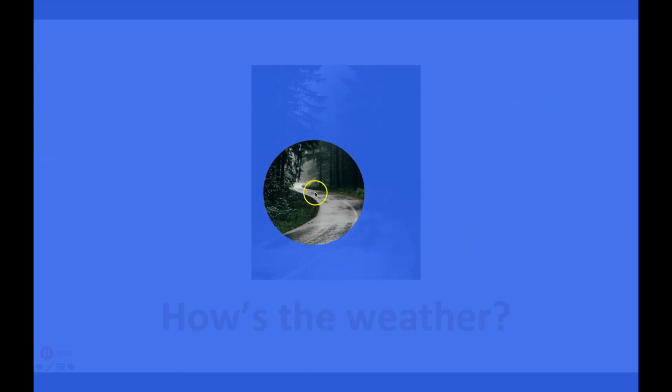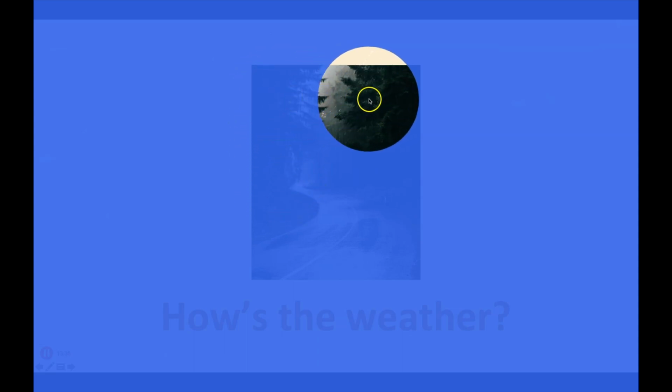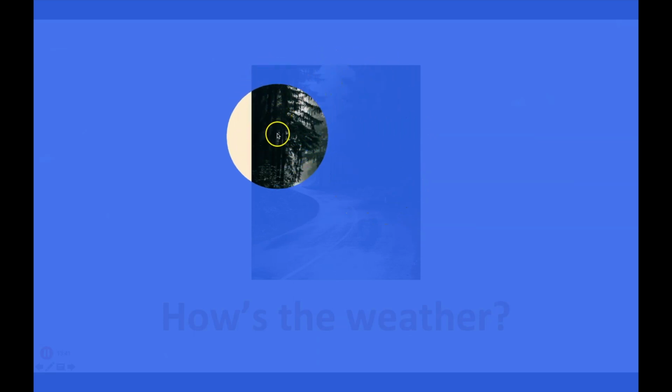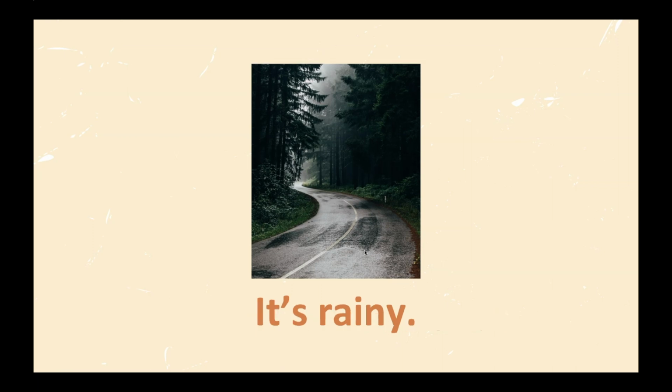Street. Correct. It's a street. We've got trees here. What color are the trees? Correct. Green. They're green. Okay. So how's the weather? We've got our street and it has some water on it. It's wet. So how's the weather? It's rainy.